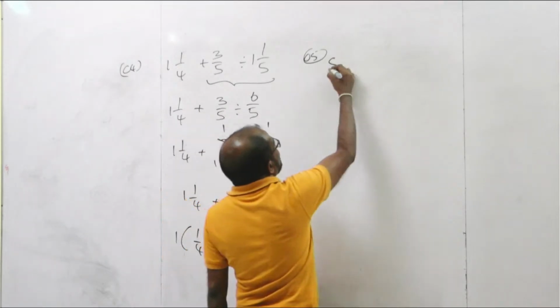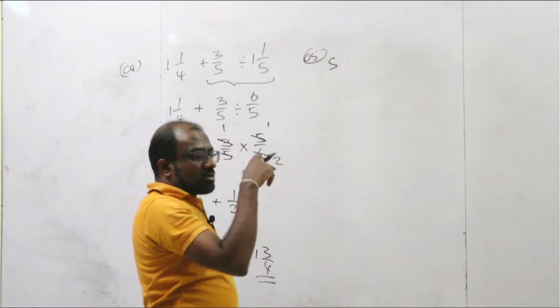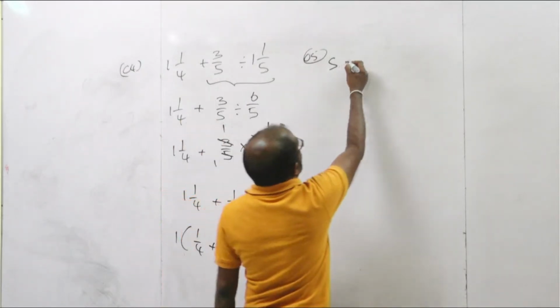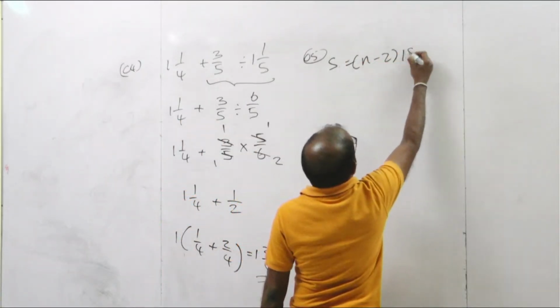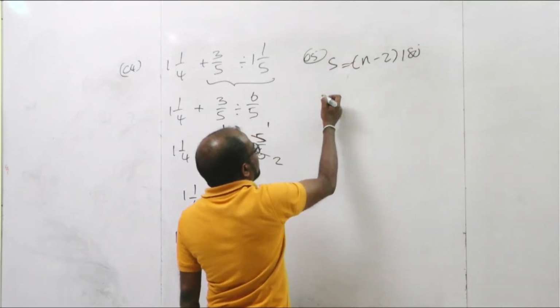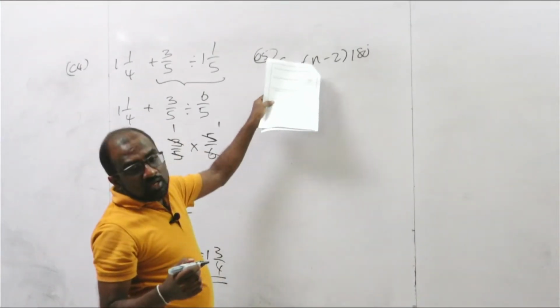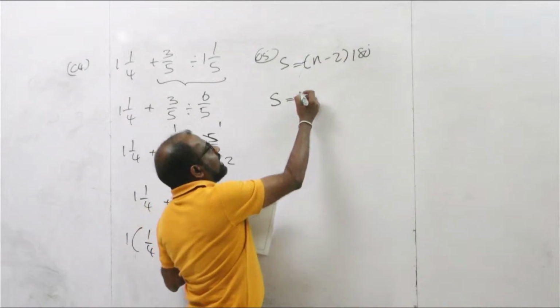Use the formula to find the sum of interior angles: S equals n minus 2, times 180. You have done this theorem in grade 9, the sum of interior angles of any polygon. Here n is the number of sides, and there are 8 sides.